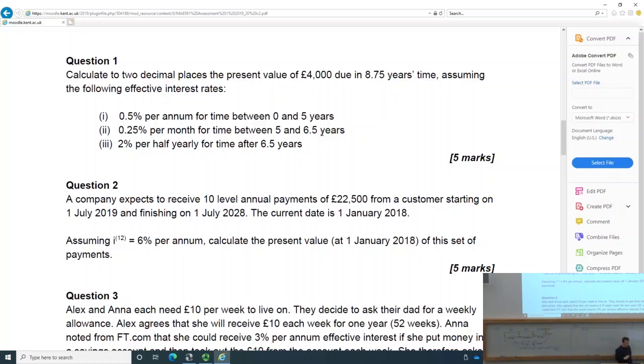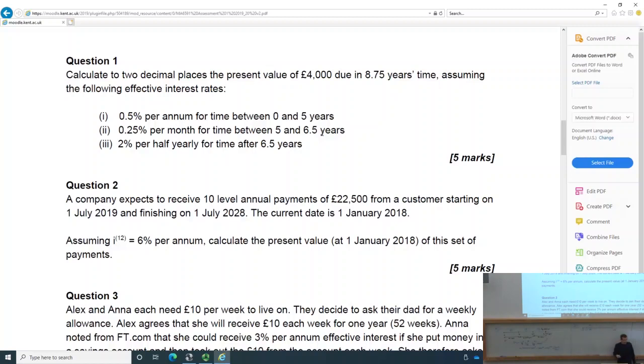And then the first payment is on 1st of July 2019. So it's 1/7/19. And then the final payment was on 1st of July 2028. 22,500 there and everywhere along to there. So, have a think, how many payments have we got?